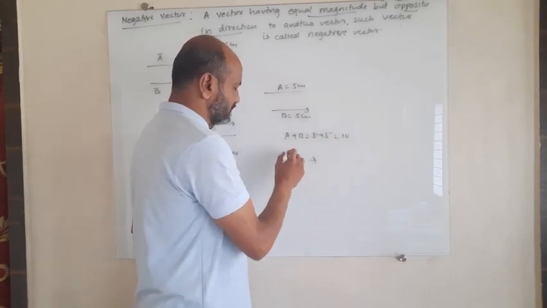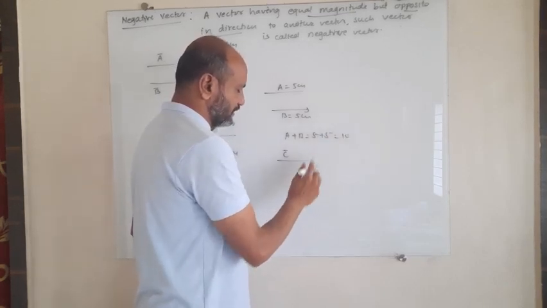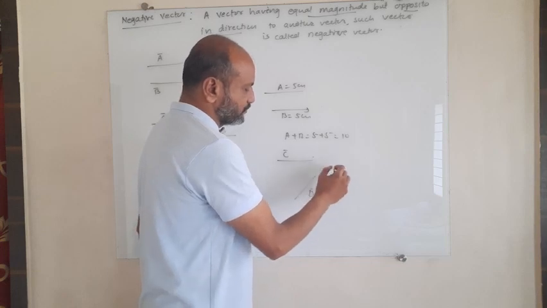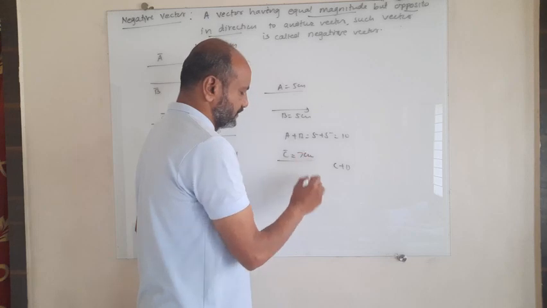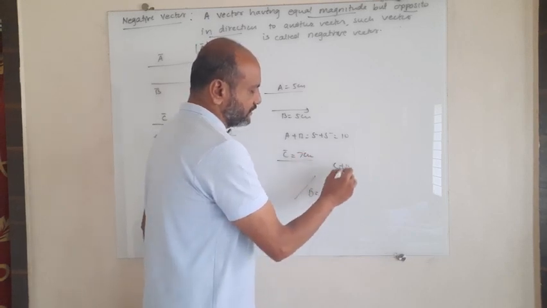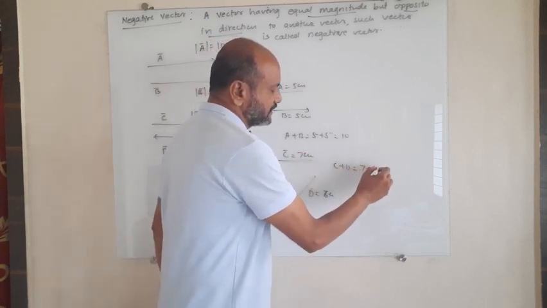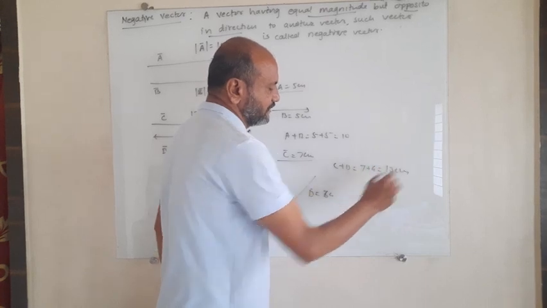In this case also, c and d, for example c is 7 centimeter, d is 6 centimeter, therefore c plus d is 7 plus 6 is equal to 13 centimeter.